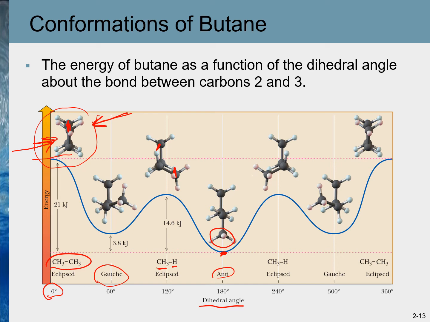The methyl-hydrogen eclipsed conformation is 14.6 kilojoules per mole higher in energy as compared to anti. Further rotation of 60 degrees again will increase the energy and the molecule will adopt again methyl-hydrogen eclipse, and then another 60 degree rotation will bring the molecule to Gauche conformation, and finally another 60 degree rotation will bring the molecule back up to the methyl-methyl eclipse position.